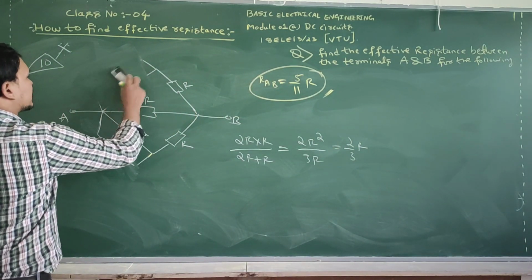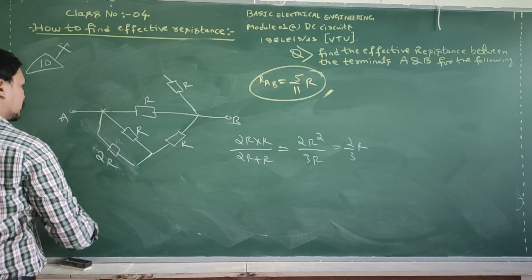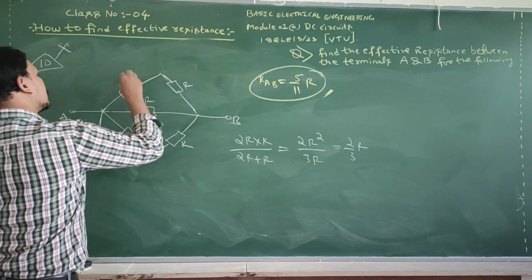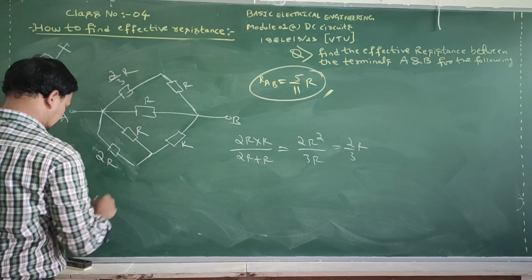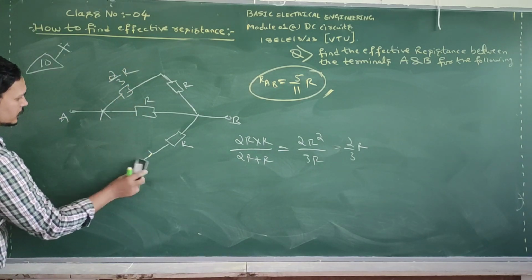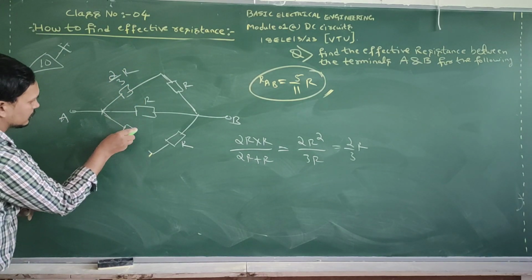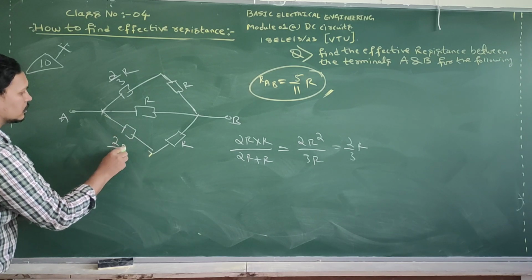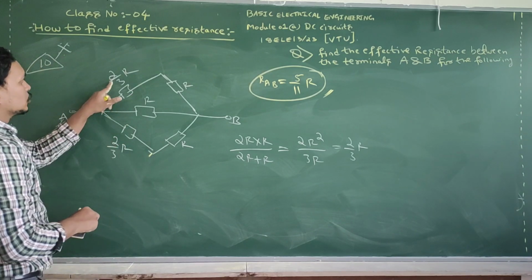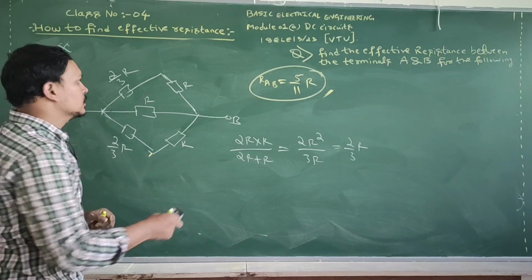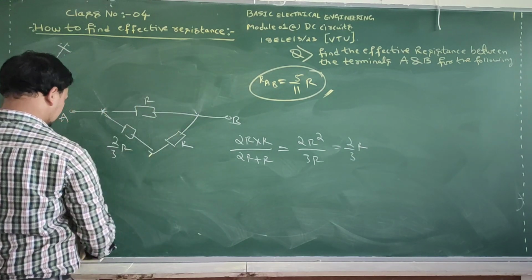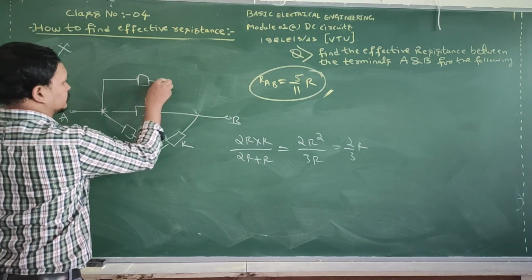Now this whole network will become what? 2 by 3R. Same thing for this also, because it is a symmetrical network. 2 by 3R. Then what happens? 2 by 3R plus R are connected in series. If you connect in series, you will get one resistor.